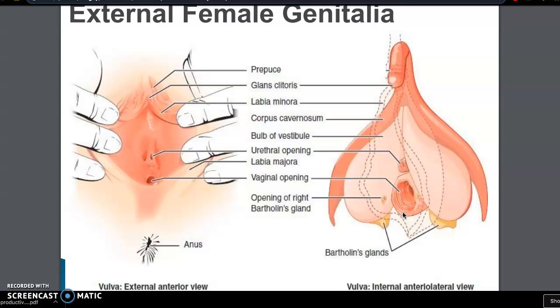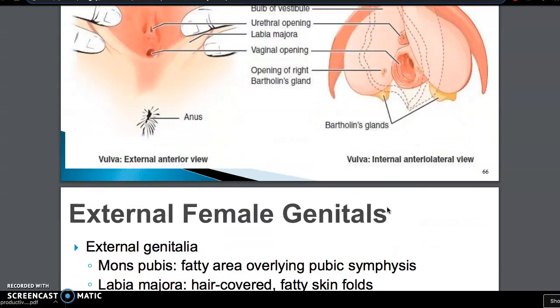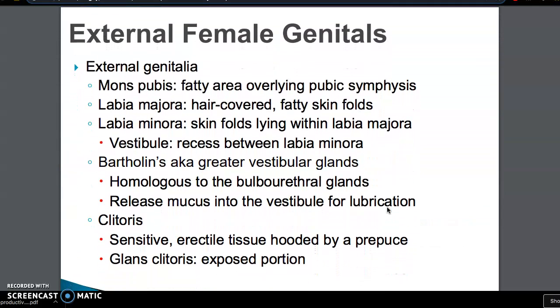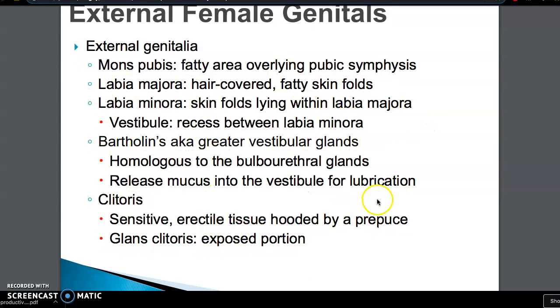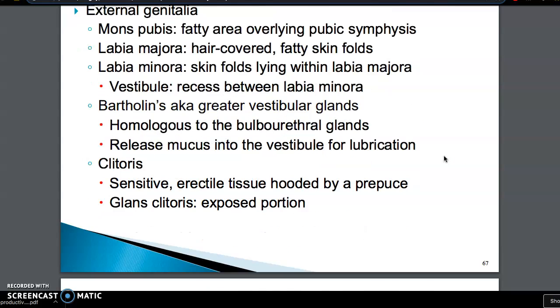It could be called the introitus. And then here is the Bartholin's gland. It helps keep the lips lubricated and avoids any friction between them. And here's another overview summary of what I just discussed.